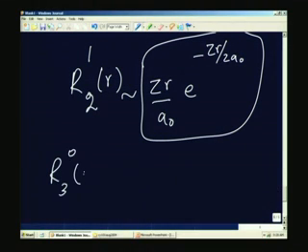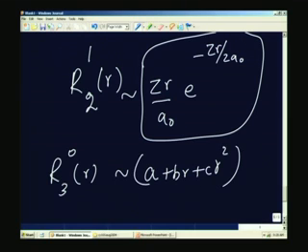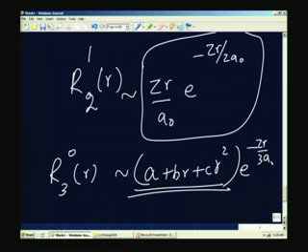R30 is some constant a plus b r plus c r square, a quadratic in r, and an exponential minus zr by 3a0. The quadratic has two roots.